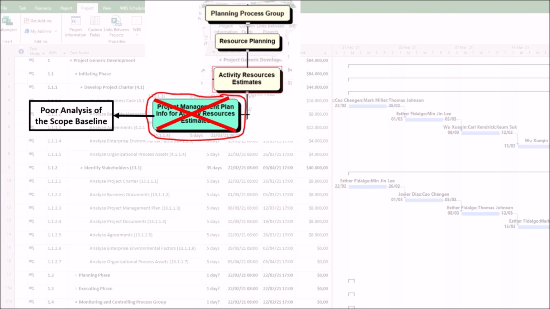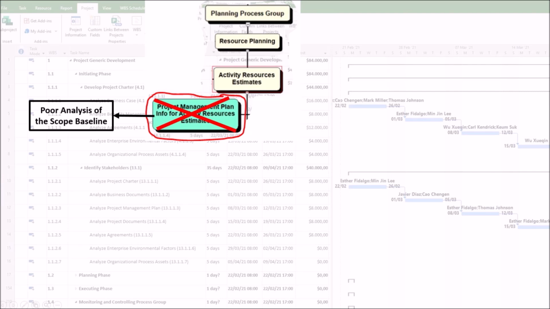1. Poor analysis of the scope baseline. The problem here is that you have incomplete or inaccurate resource lists. And this manifests itself in the following ways. First, if the work breakdown structure is incomplete, you will simply forget to estimate resources for entire work packages.